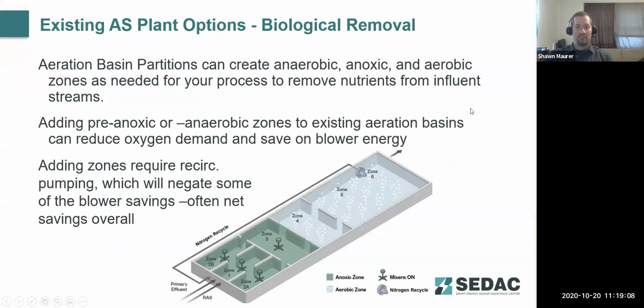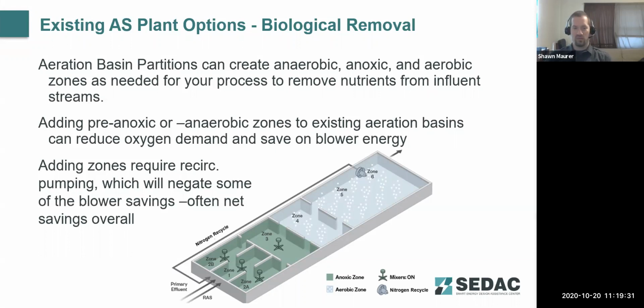For an existing activated sludge plant, a lot of plants we're already seeing are modifying their aeration basins to add in an anoxic zone, and that then feeds into an aerobic zone, and that's for nitrification denitrification purposes.